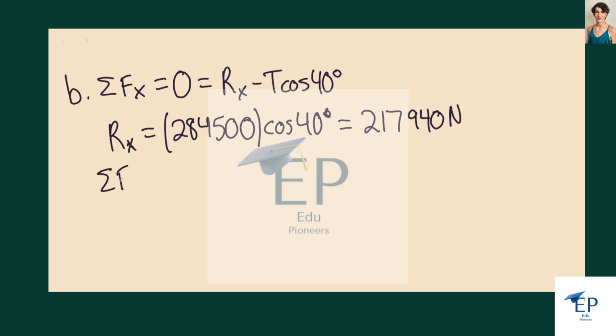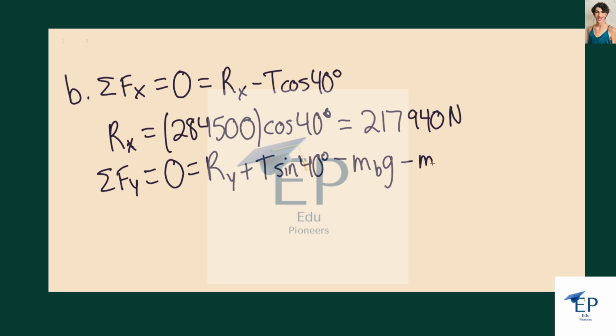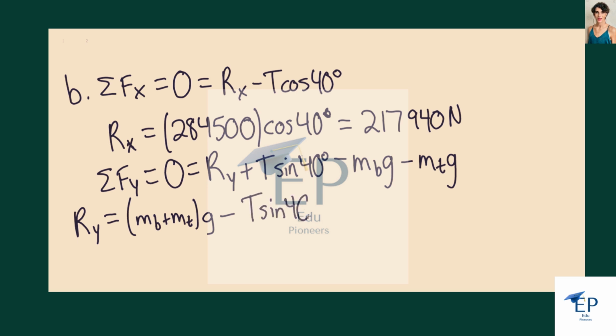Sum of forces in the y is a bit more complicated. We have R sub y plus T sine of 40 degrees, but now we have minus mass sub B g minus mass sub T g. And so we find that R sub y is going to be equal to the sum of the mass times the acceleration due to gravity minus the tension force sine of 40 degrees.